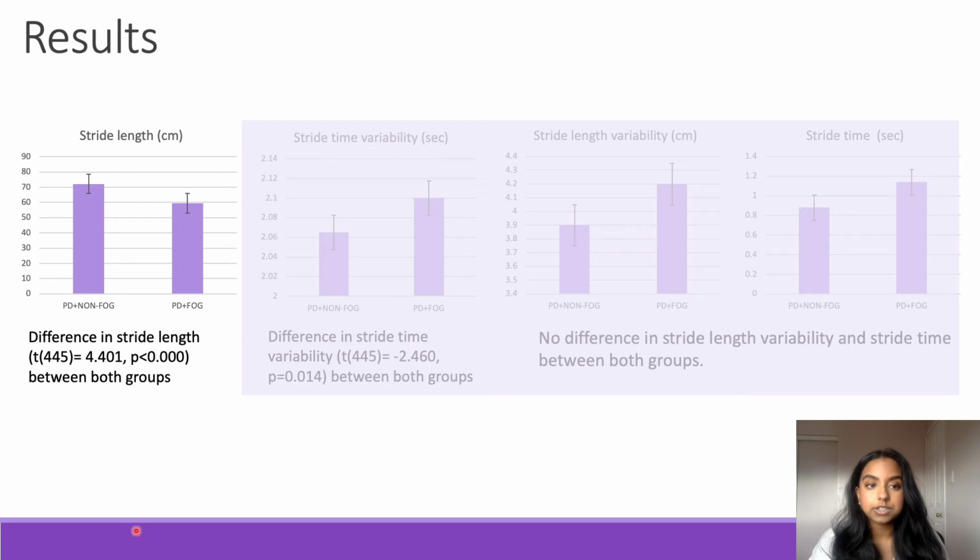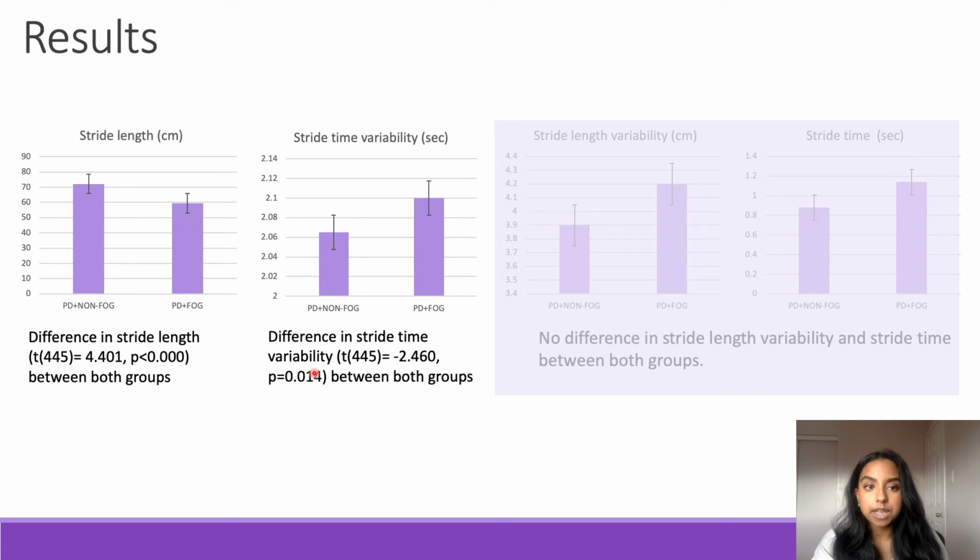We found that there was a significant difference in stride length between both groups, where the non-freezers had increased stride length in comparison to the freezers. We also found a significant difference in stride time variability between both groups, where the non-freezers had less stride time variability in comparison to the freezers.